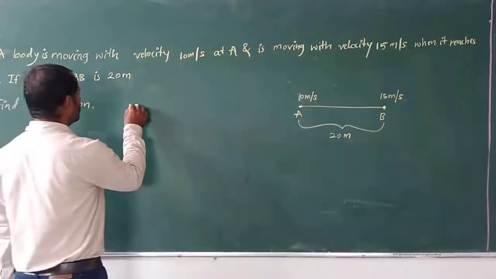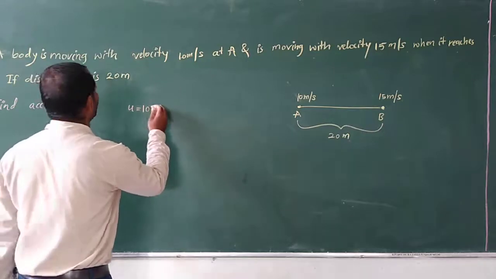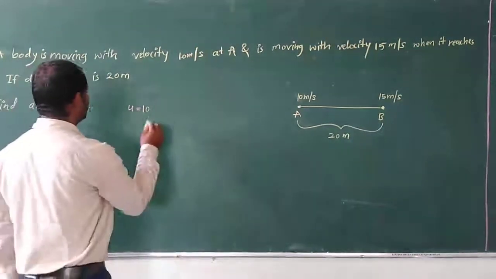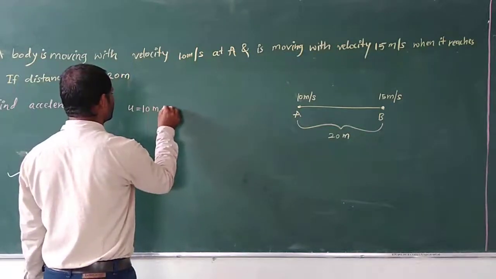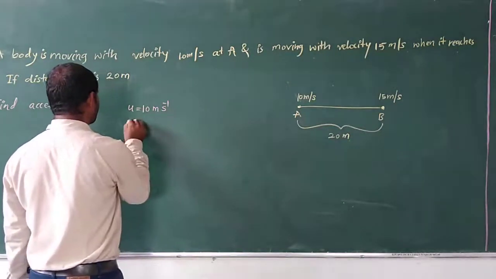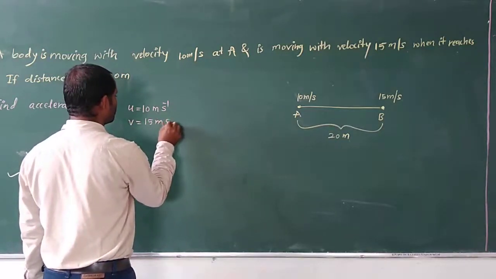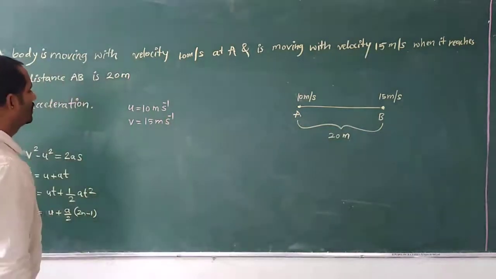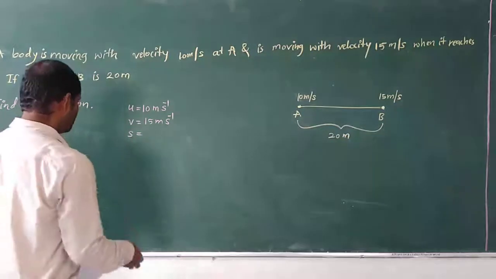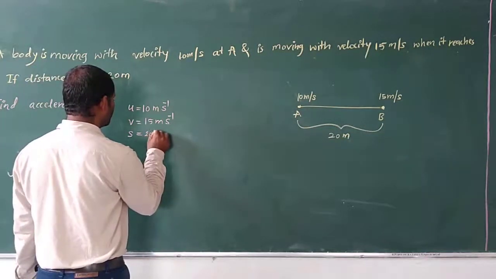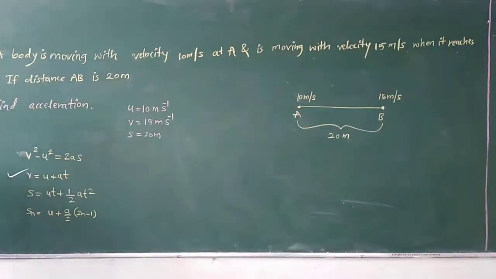So we know that u, the initial velocity, is 10 meter per second. Final velocity v is 15 meter per second and the displacement is 20 meter. So we already have the formula.